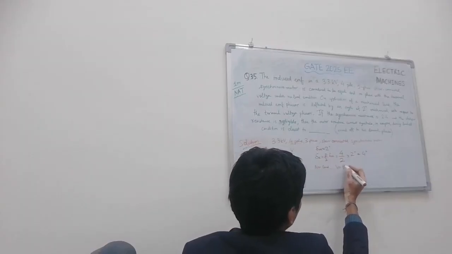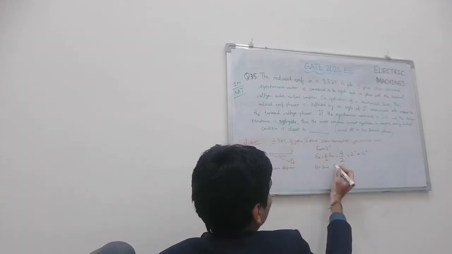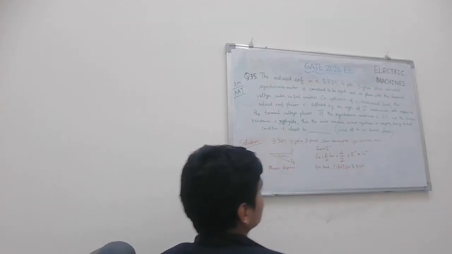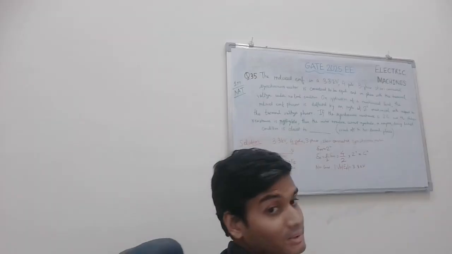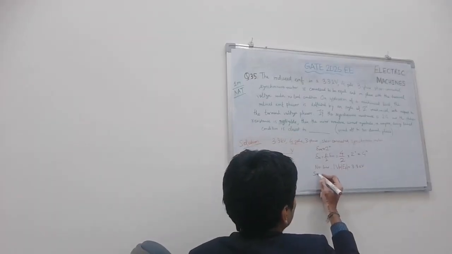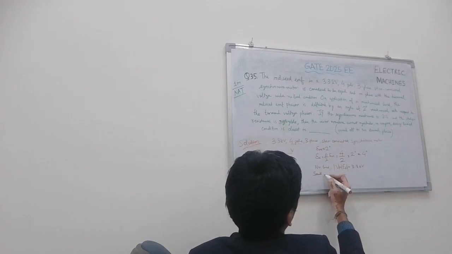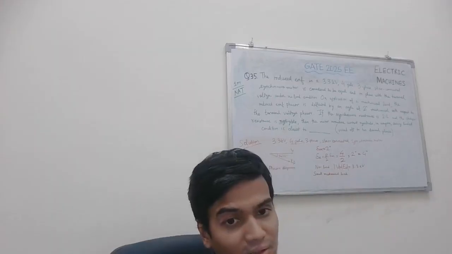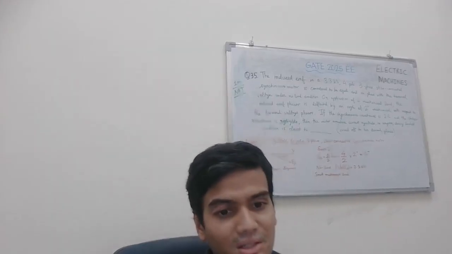Here E and the line to line voltage. So for a small angle, you can approximate that the magnitudes of the voltage are not changed.